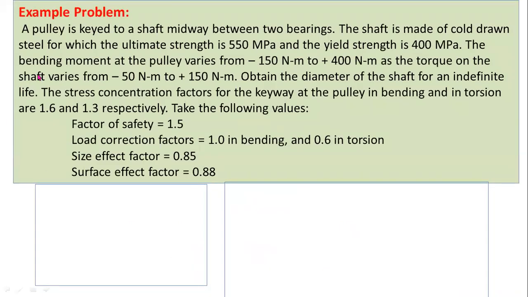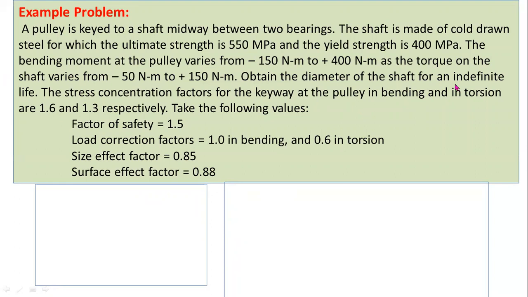Coming to another problem: a pulley is keyed to a shaft midway between two bearings. The shaft is made of cold drawn steel, for which the ultimate strength is 550 megapascal and the yield strength is 400 megapascal. The bending moment at the pulley varies from minus 150 Newton meter to plus 400 Newton meter, as the torque on the shaft varies from minus 50 Newton meter to plus 150 Newton meter.